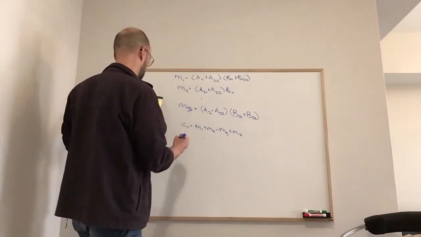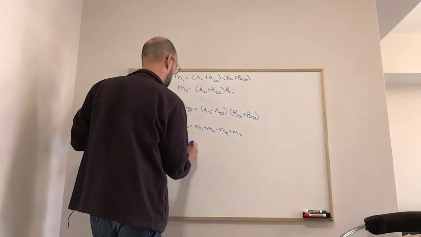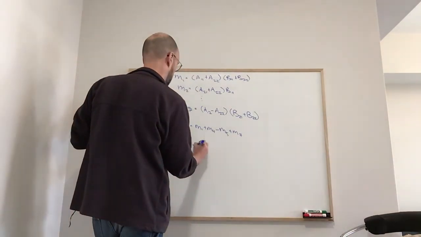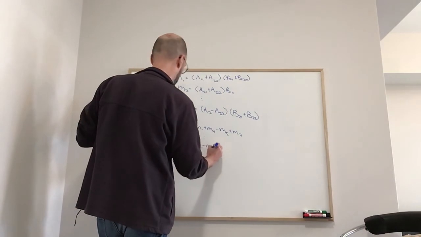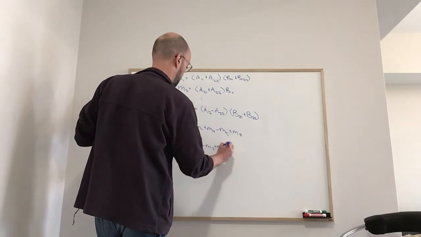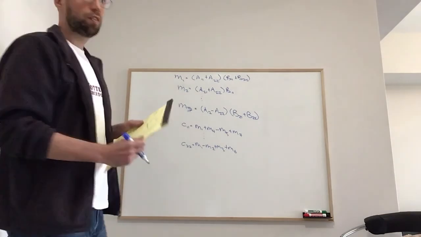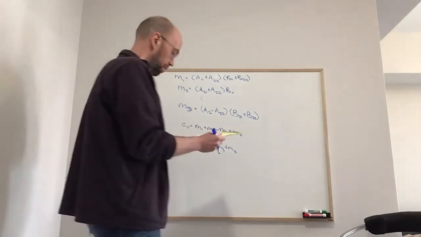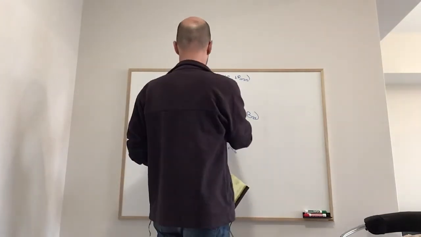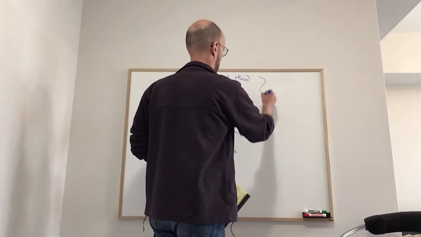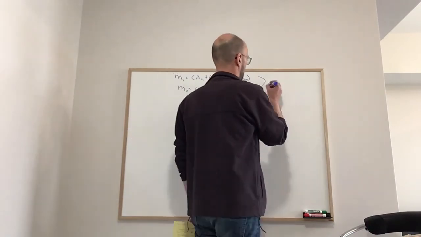And then you go all the way down to C22, which is M1 minus M2 plus M3 plus M6. So these are 7 multiplications.